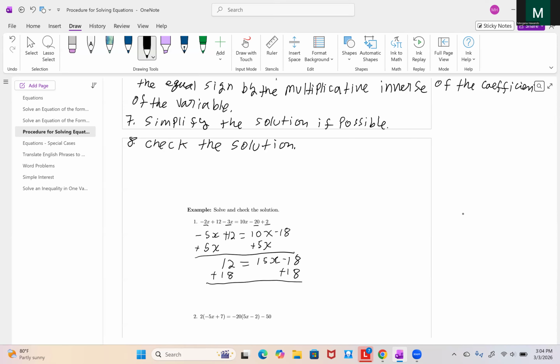Negative 18 plus 18 is 0. 0 plus 15x is 15x, equal to 12 plus 18, which is 30.